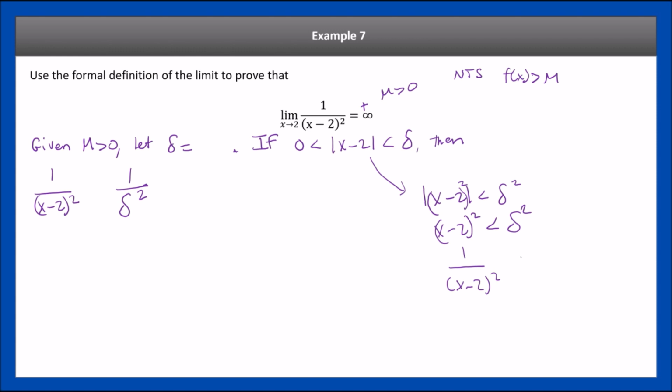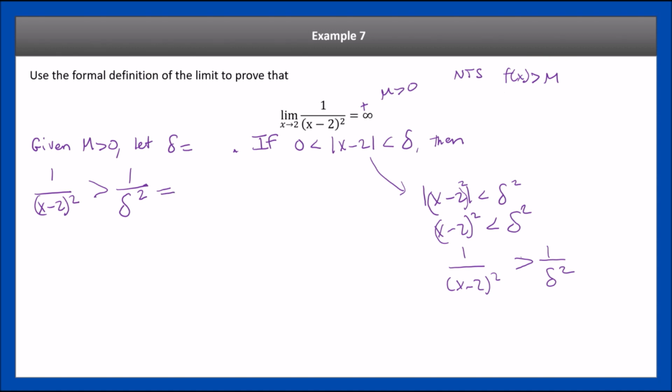So we've got to reciprocate this, and if I reciprocate this, it's going to be greater than. Every time we do the reciprocal, remember it's going to switch the order. So this is going to be greater than 1 over delta squared, which is good because we wanted to show that it's greater than.